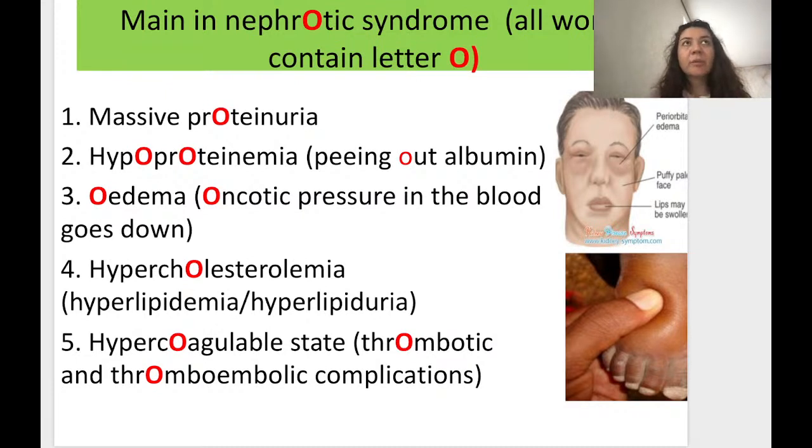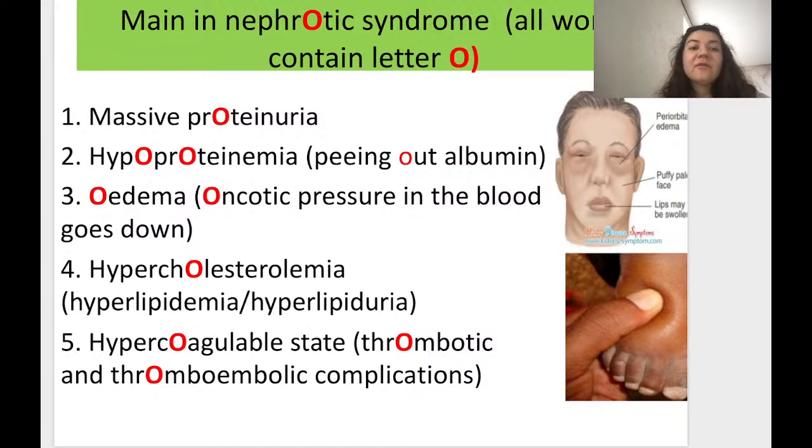It is easy to compare these syndromes because the main features change according to this main letter. Here it is the letter O, and all of these main symptoms include this letter. That's why in nephrotic syndrome, all the words contain the letter O.